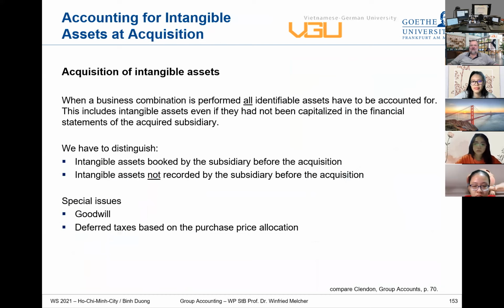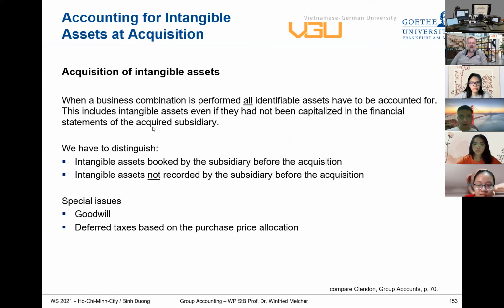All right, so the main problem is accruals and of course intangible assets. When a business combination is performed, IFRS says that all identifiable assets have to be accounted for. And that includes intangible assets, even if they had not been capitalized in the financial statements of the investee.